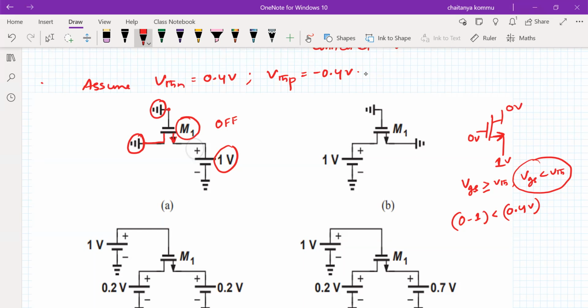Right. Similarly, what about this condition? The second one, B. Let us consider B here. So this is provided the source is at 0. The gate is at 0. But the drain is at 1 volt potential that we applied. The drop between this terminal and the ground is 1 volt. The voltage source we have applied is 1.